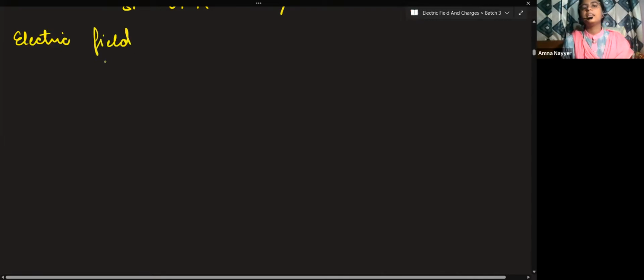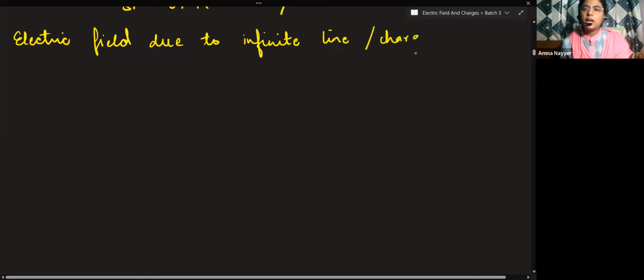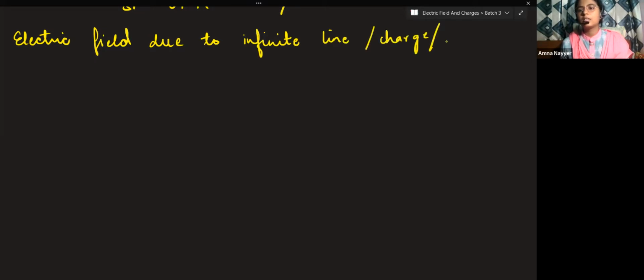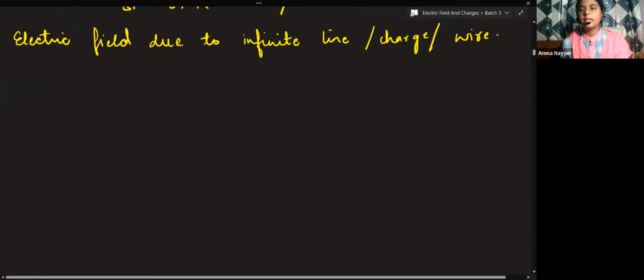Then we'll see different materials. Some have fixed electric fields that we'll discuss. So this is the electric field due to an infinite line of charge or wire, or rod even.